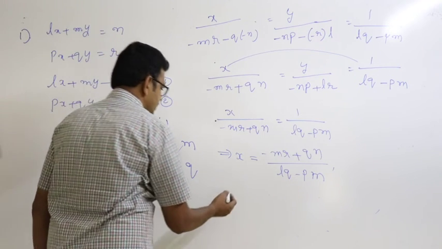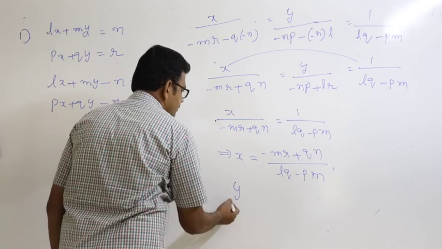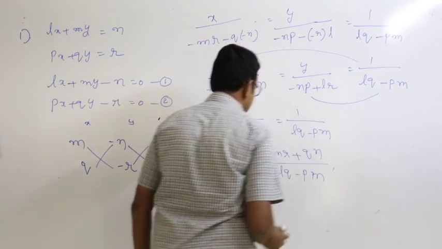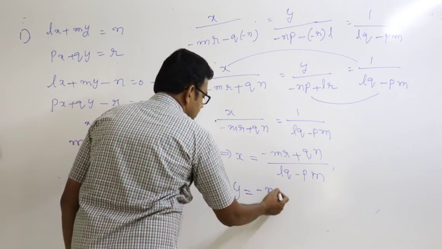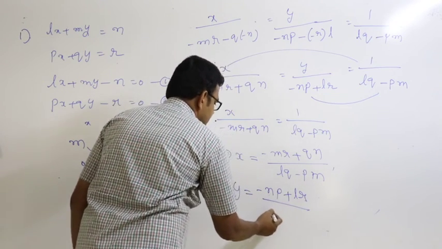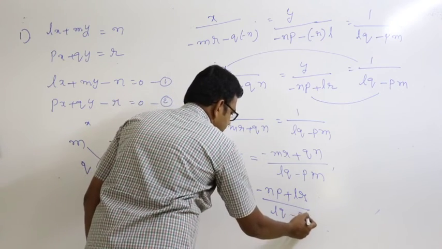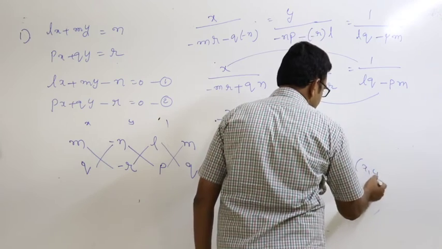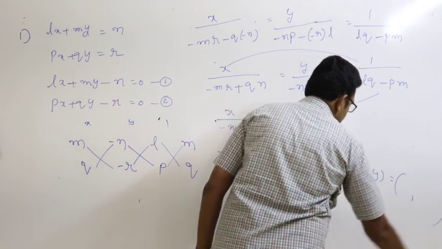And y is equal to, equating these two, you can take this side, y equal to minus np plus lr by lq minus pm. Therefore, you write x comma y like this.